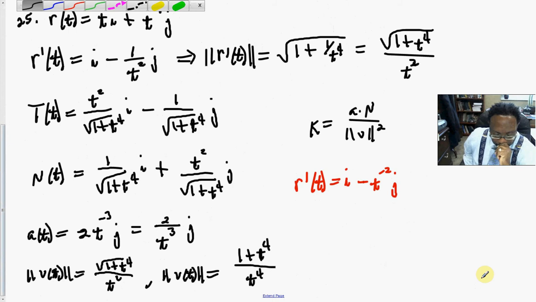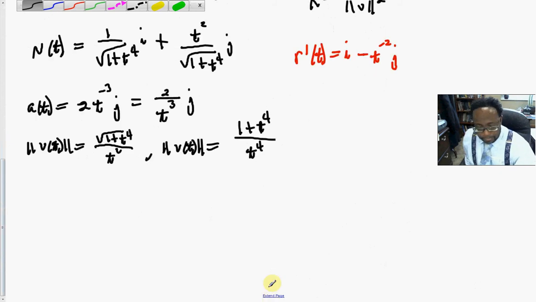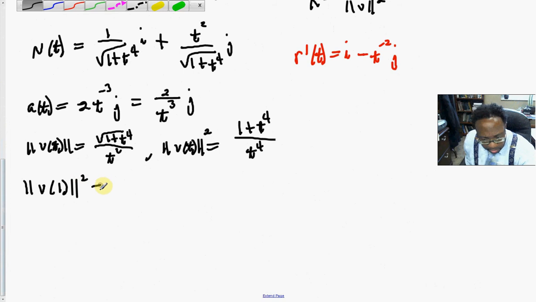Okay. So if that be the case, this is the norm of the velocity to be squared. So this norm of the velocity evaluated at 1 all to be squared comes out to be 2.